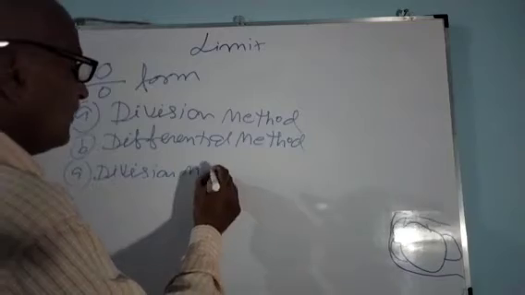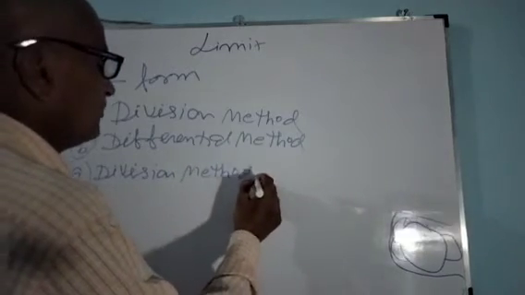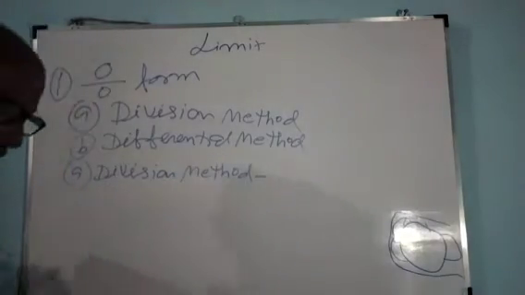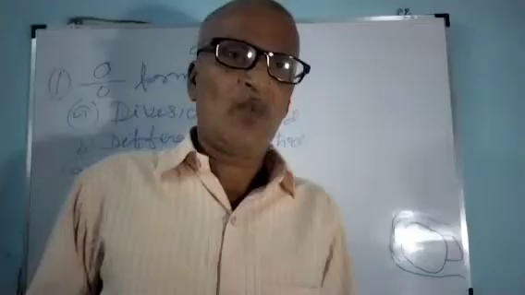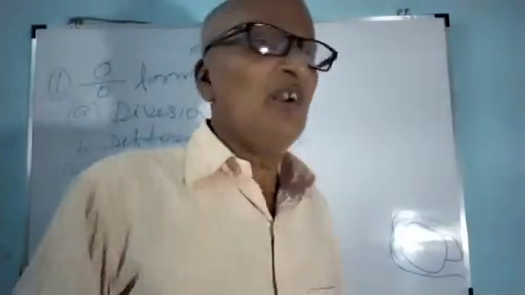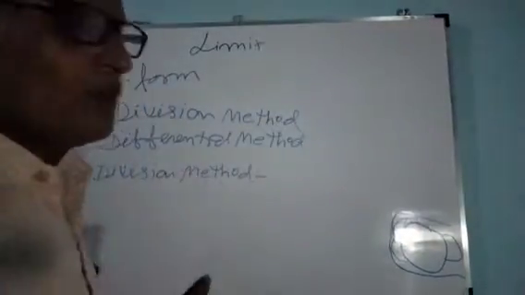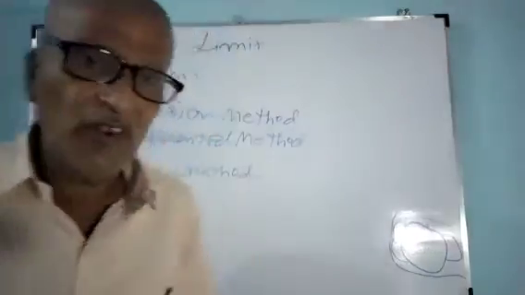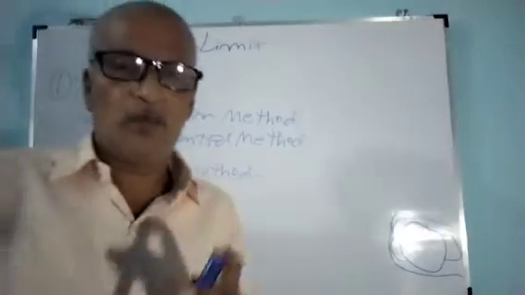First, the division method. As we know, the function takes this form 0 by 0 when the function is in fractional form.